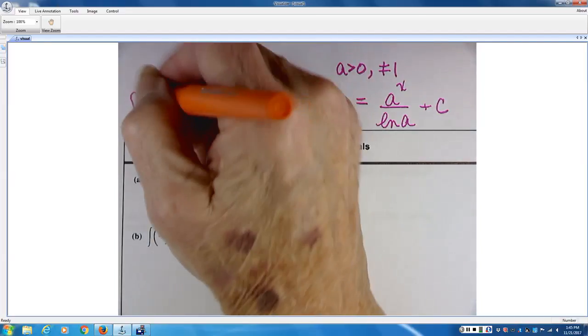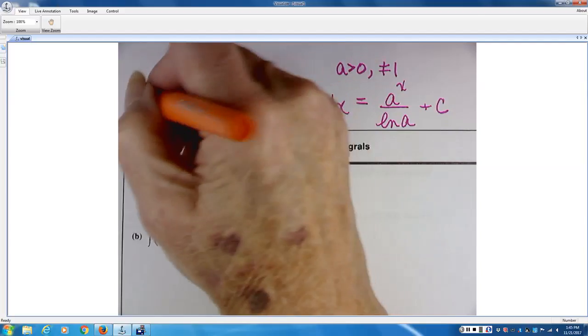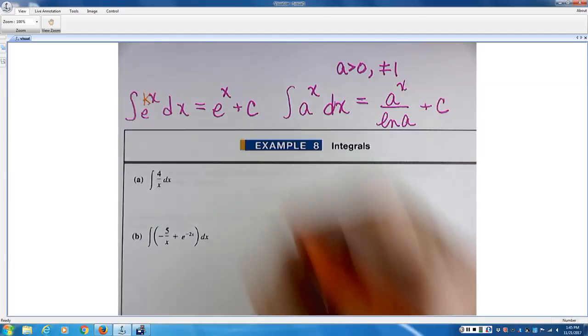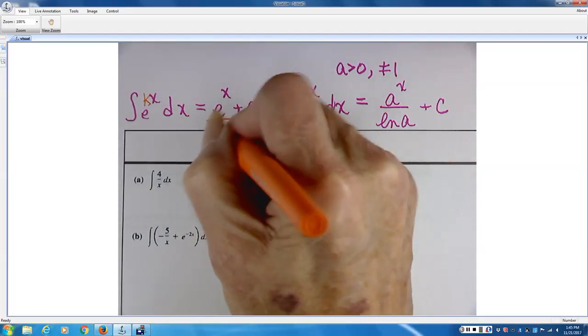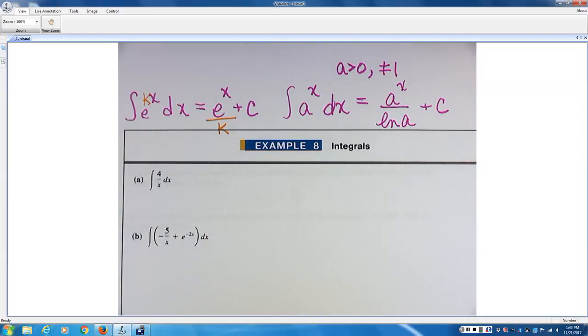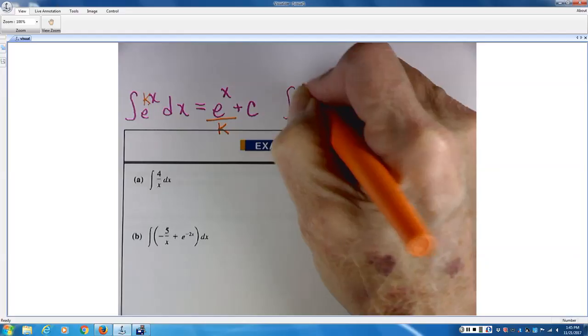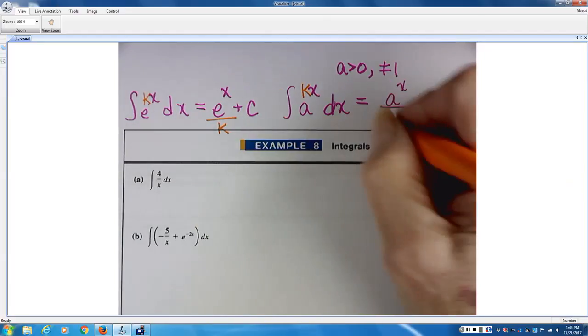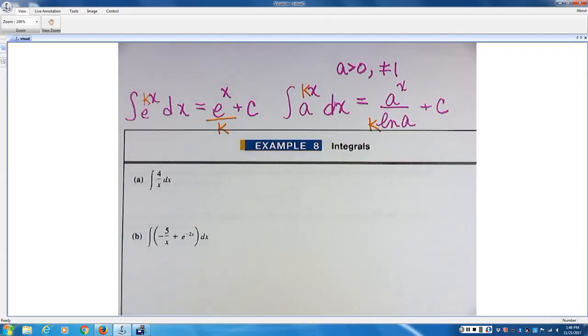So if this had been just a, any constant in front of there, then that integral would have been changed only by the fact that you're going to divide that by k. And the same thing here, if there had been a constant in front of your x, then that constant is going to come down in the denominator and multiply times the natural log. So that's the only difference between the two rules.